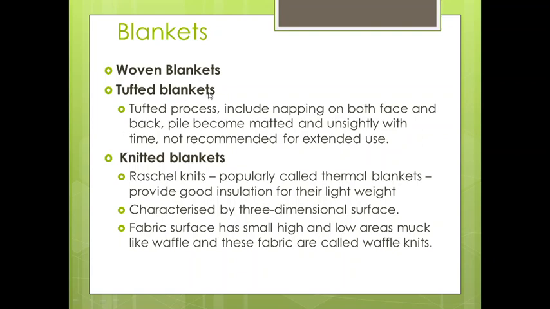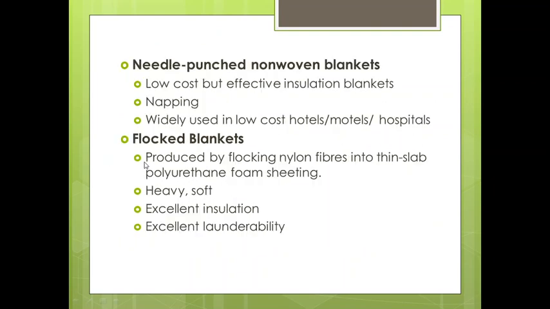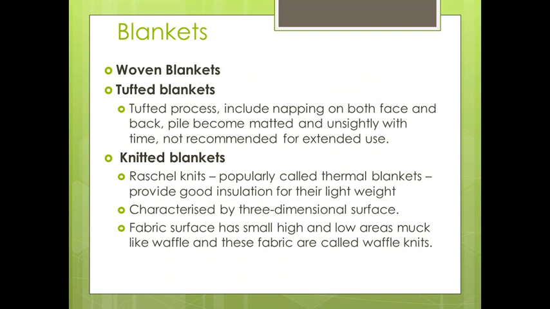Now if we talk about blankets, five kinds of blanket constructions are used: the woven blanket, tufted blankets, knitted blankets, needle punch non-woven blankets, and flocked blankets. Woven blankets we all know about; using the weaving method, we manufacture woven blankets.